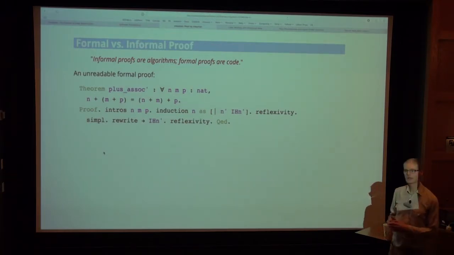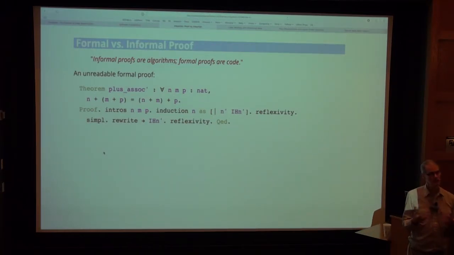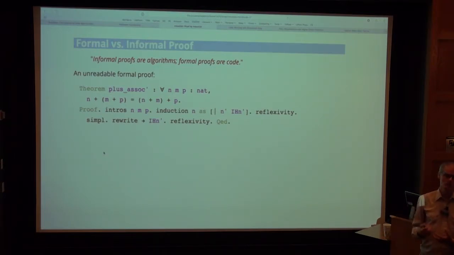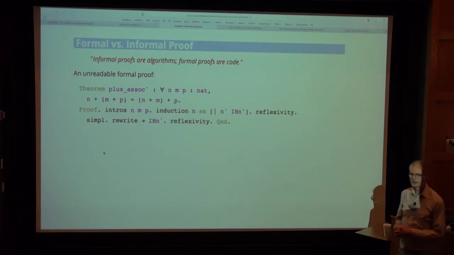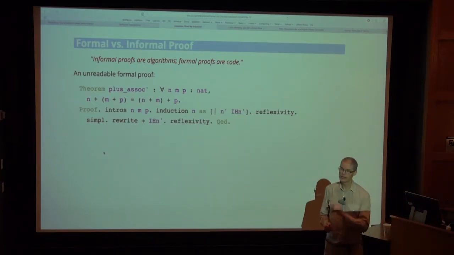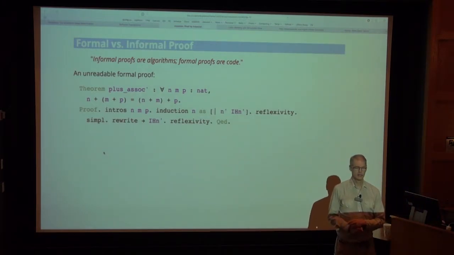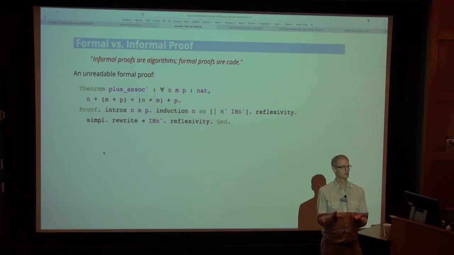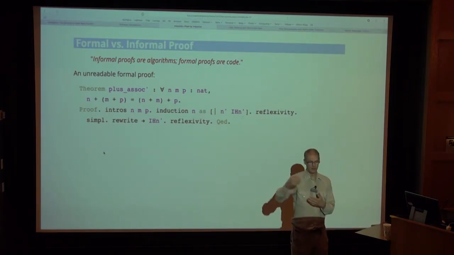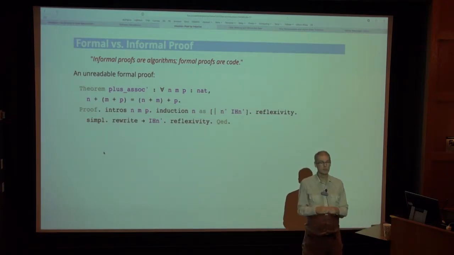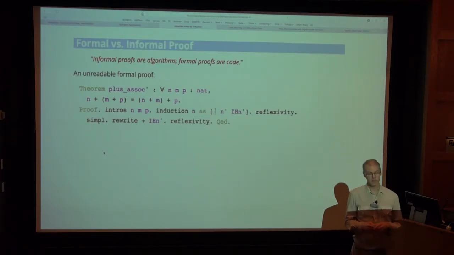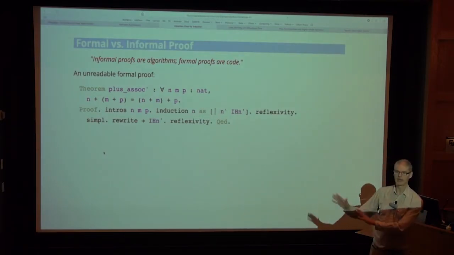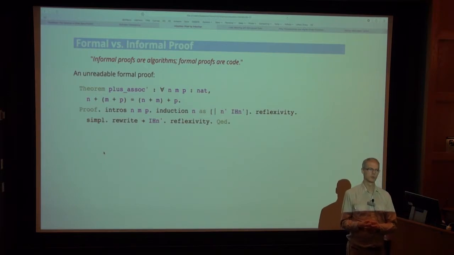I think that was a good idea, but it only worked about 80%. So I think Coq is good for teaching people how to think about proofs, but it's good for teaching people how to think about formal proofs, not how to think about informal proofs. Writing good informal proofs is a question of communication, it's a question of writing, it's a question of conveying understanding from one human mind to another. And that is just a different process from the hacking that's involved in getting formal proofs to work.